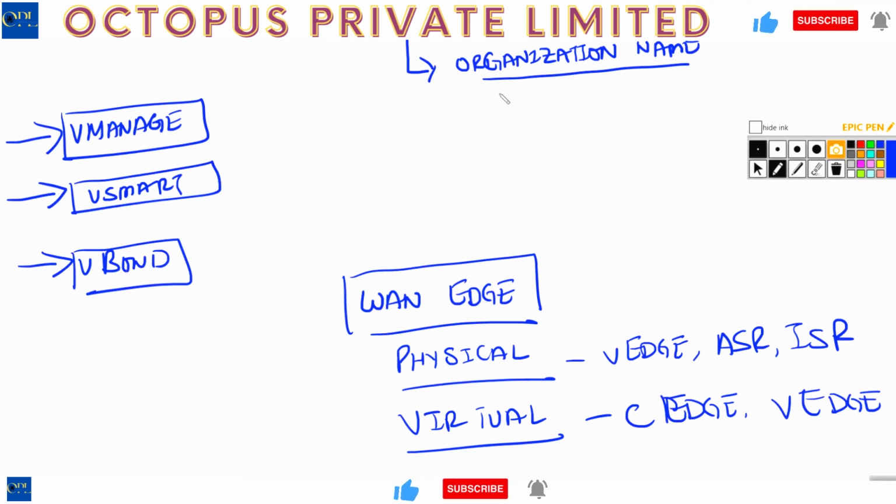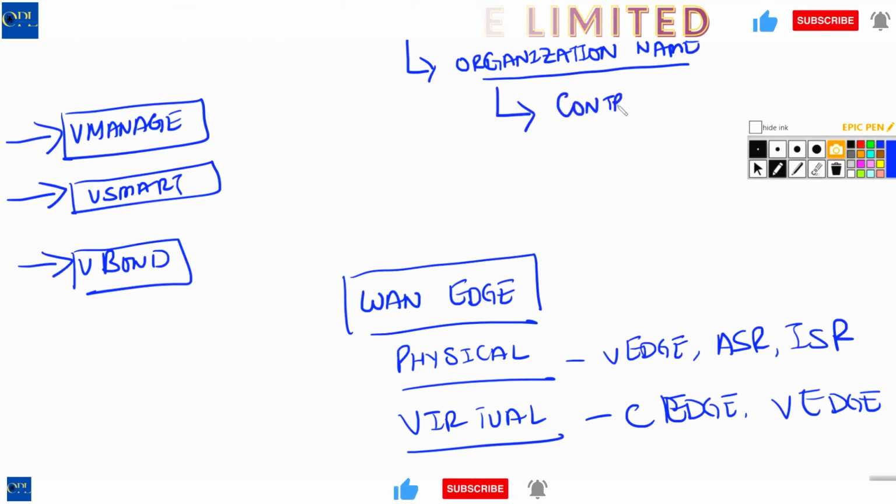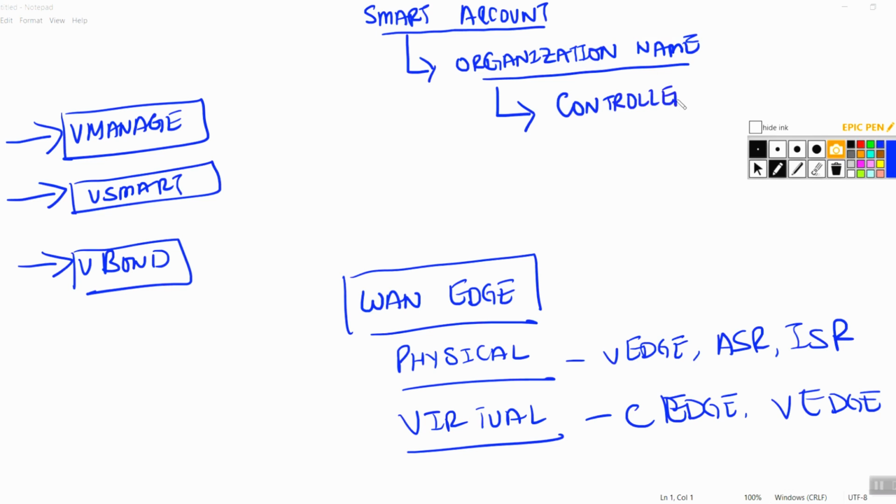Inside that organization name, you define your controller profile. Under the controller profile, you basically specify either the IP address or the FQDN of your vBond.